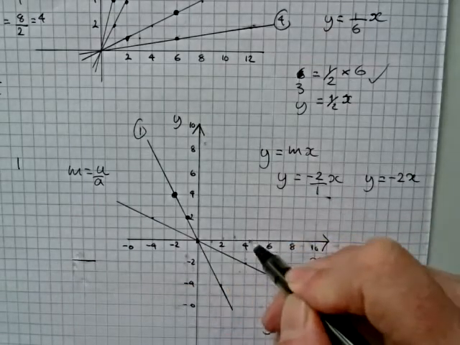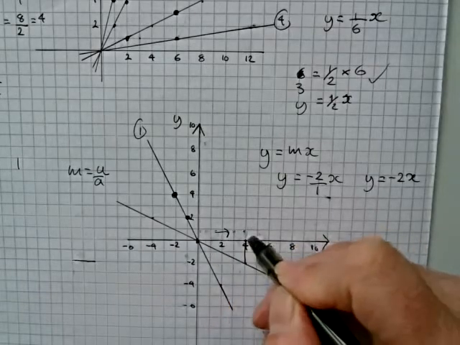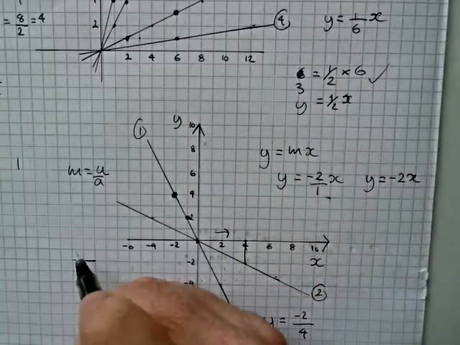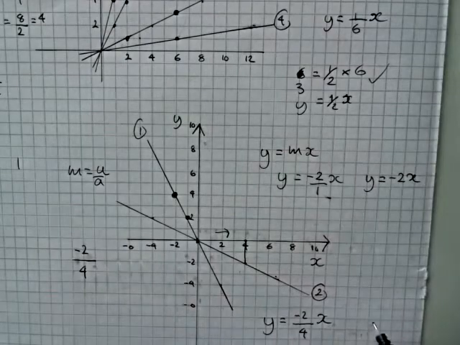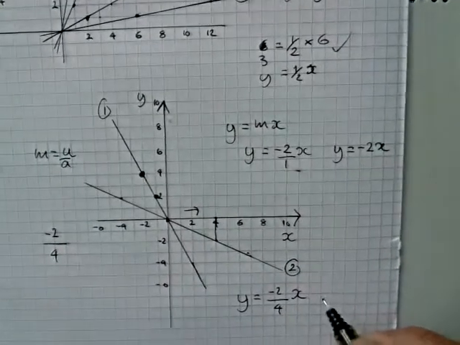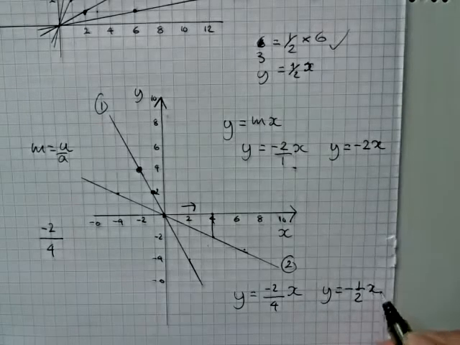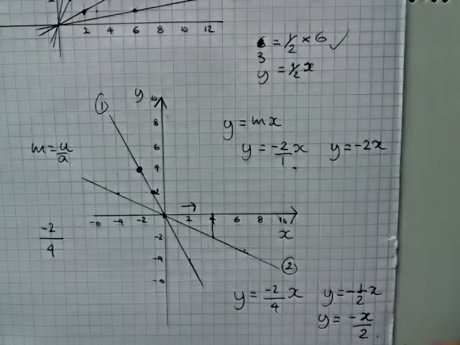So -2 over 4. Let's go from there to there. Okay, I've gone 4 across, and I've come down 2. So the across goes on the bottom, down on the top. So that's where that came from. So we've got y equals -2/4 x. Now we can simplify that to y equals -1/2 x, or we can write y equals -x over 2.